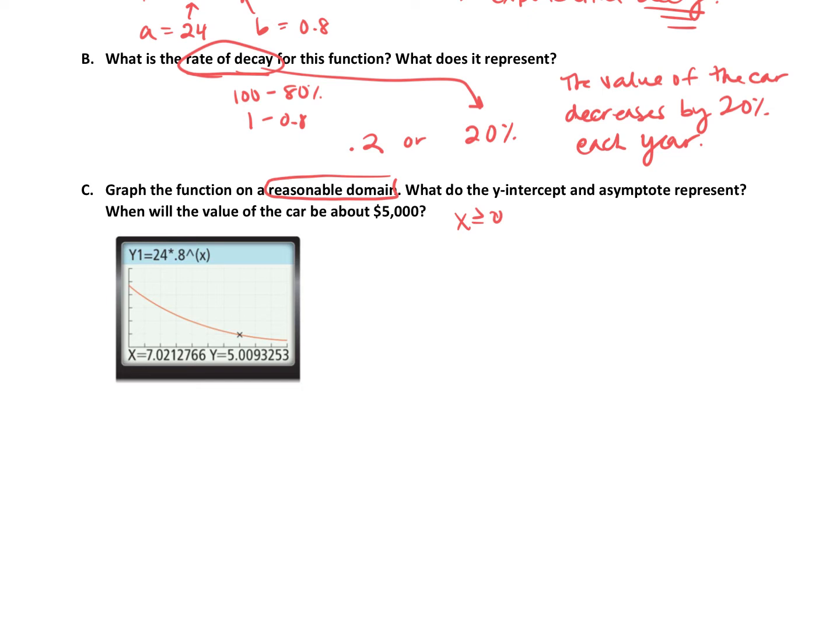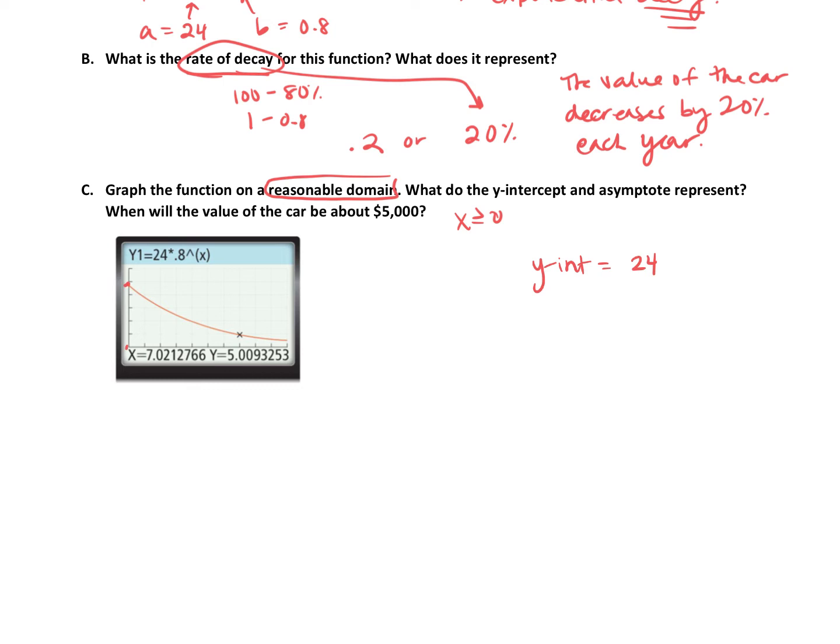So here is a graph, just on a graphing calculator. We can see it is going down, so it's an exponential decay. The y-intercept is right here at 24. What does that represent? Well, the y-intercept is going to be when no time has passed, when x is 0.